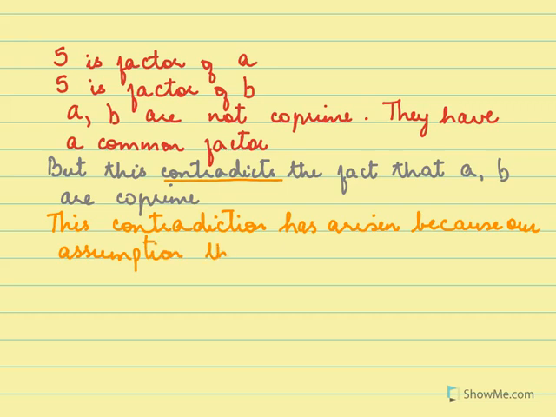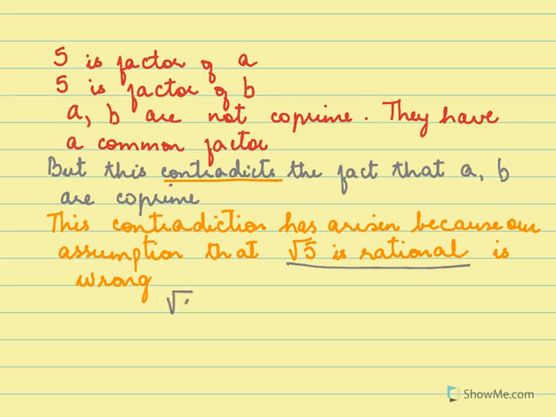Our assumption that root 5 is rational, that's the assumption we took right in the beginning. Root 5 is rational is wrong. So we can now say root 5 is irrational.